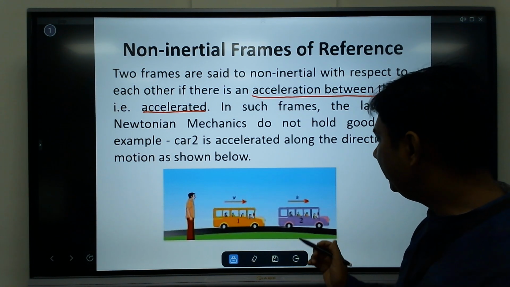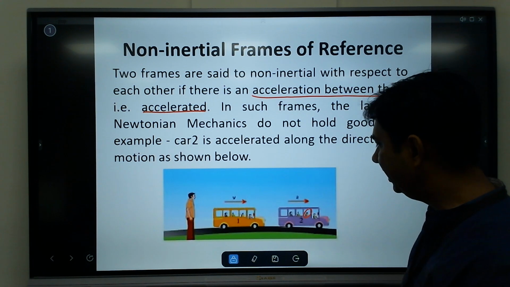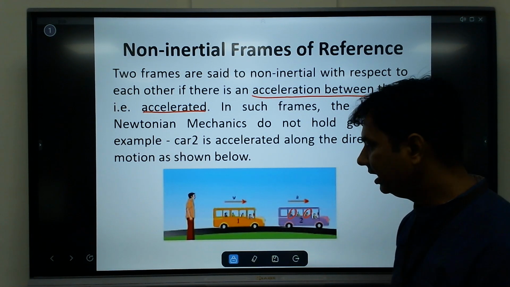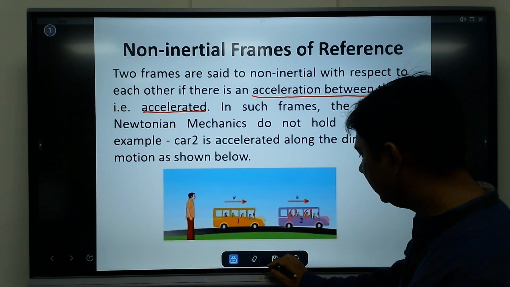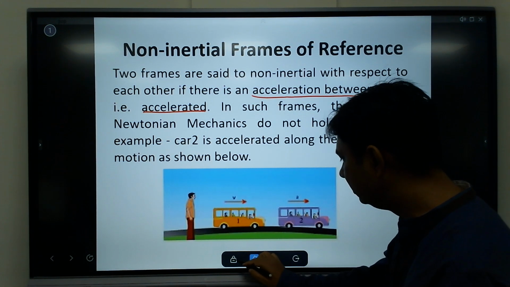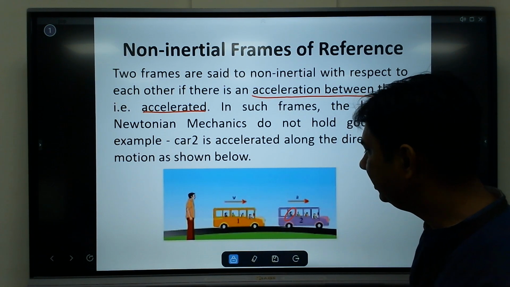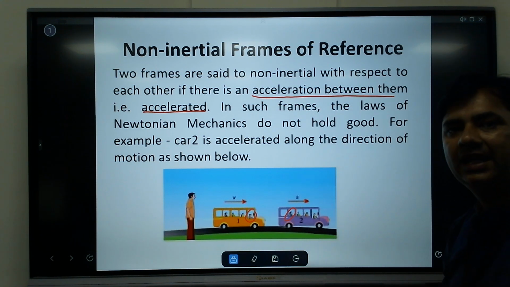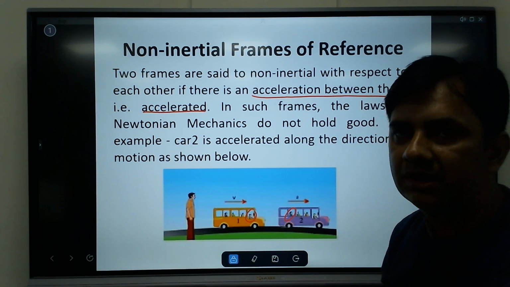In the previous one we said this man observed this man and they were at rest. But if this man is observed by the driver, the second one, then it is a non-inertial frame.